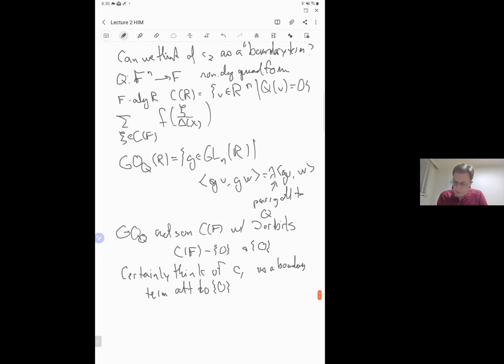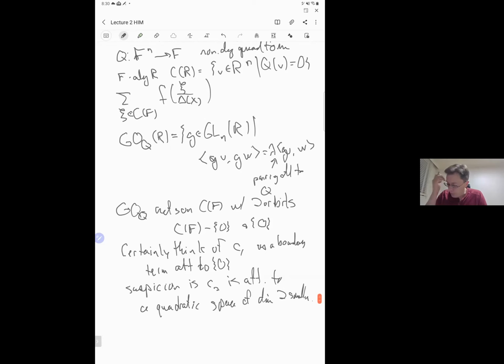My suspicion is that C2 is attached to a quadratic space of dimension 1 smaller or dimension 2 smaller. I have some preliminary work on this, but I don't really want to talk about that.